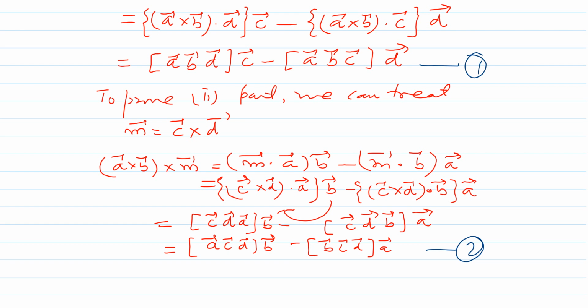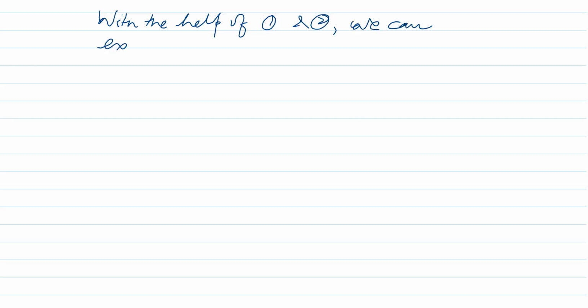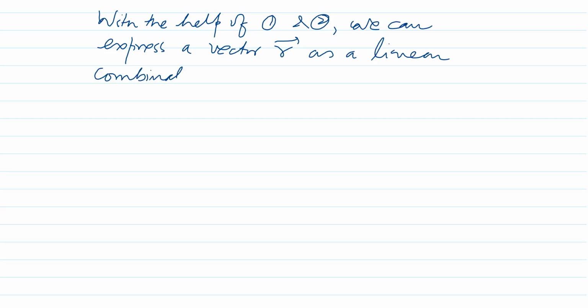Okay, so with the help of these two results, we can express any vector R in space as a linear combination of three non-coplanar vectors A, B, C. Keep in mind, the next result is: with the help of 1 and 2, we can express a vector R as a linear combination of three non-coplanar vectors.